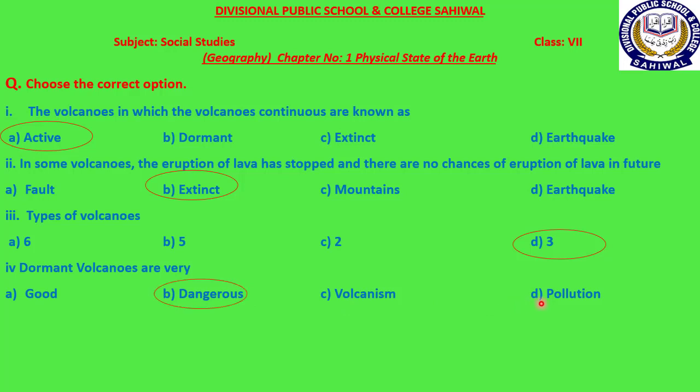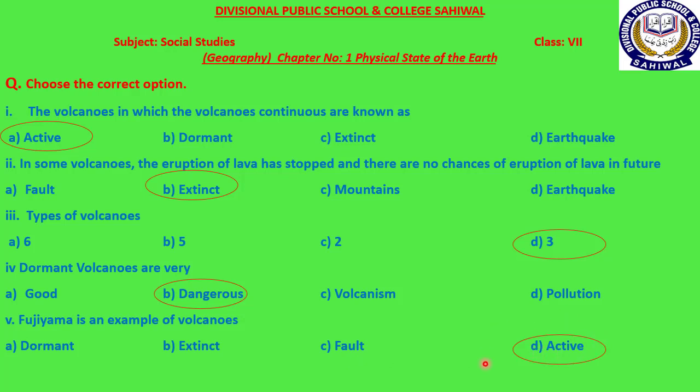So correct answer is B. Dangerous. Number 5. Fujiyama is an example of volcanoes. A. Dormant, B. Extinct, C. Fault, D. Active. So which is the correct answer? Active volcanoes. So Fujiyama is an example of an active volcano.